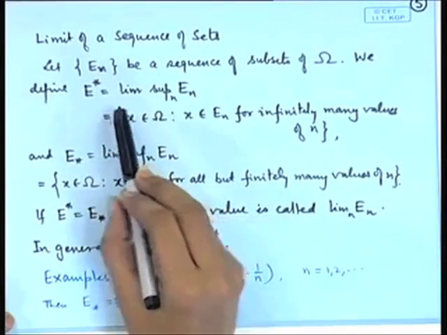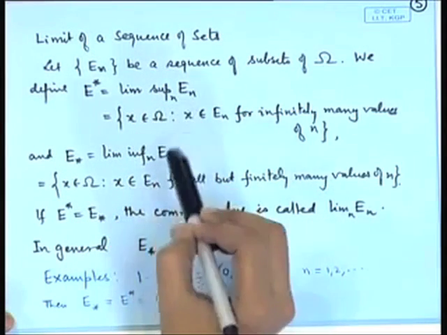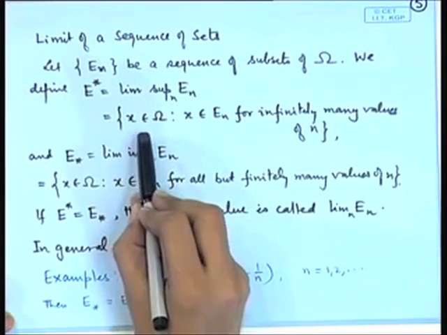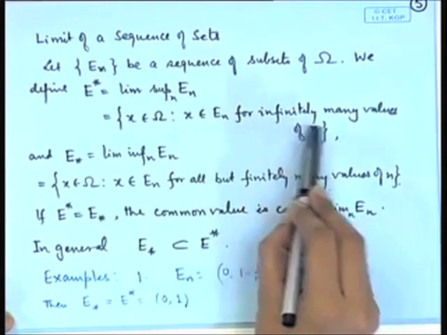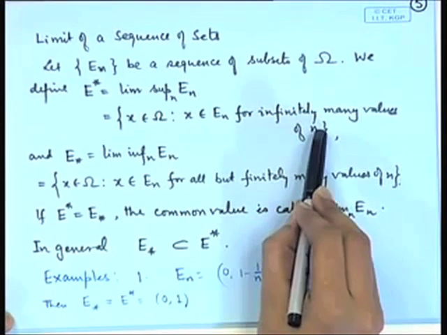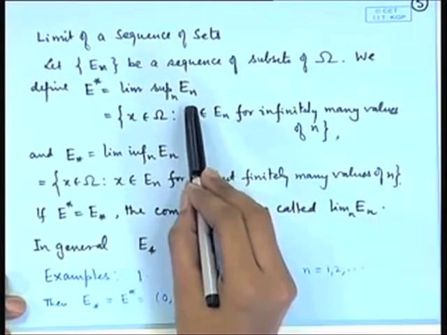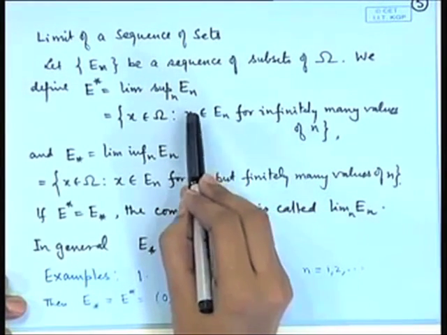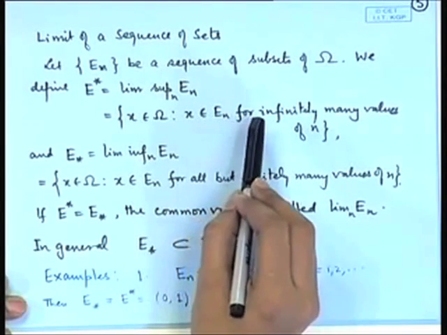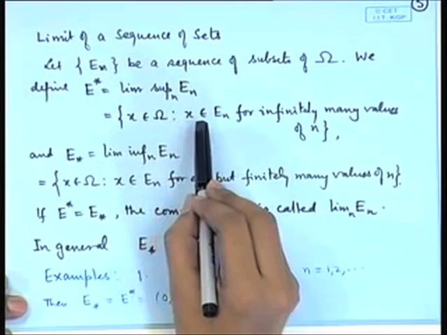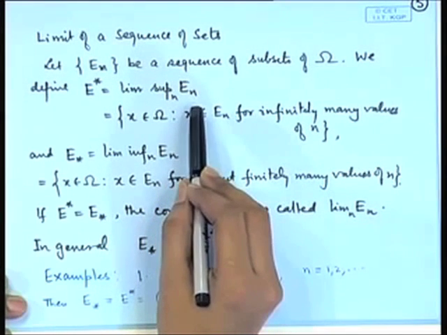We define E upper star, equal to lim sup of E_n, as the set of all those points which belong to infinitely many values of n. It means that from the whole space we take those points which belong to E_n for infinitely many values of n. The collection of such elements will be called the limit superior of E_n.